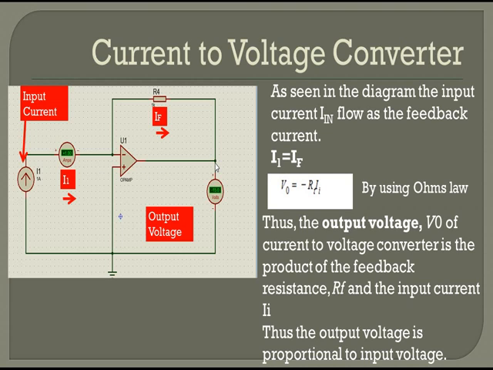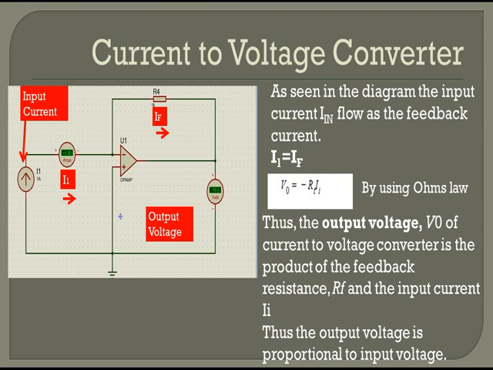So we can calculate the output voltage collected at this point. V0 is equal to, because input is applied to the negative terminal, output is also negative, minus current into resistance, that is current is I1 and resistance is RF. So voltage is equal to minus RF into I1 by using Ohm's law.